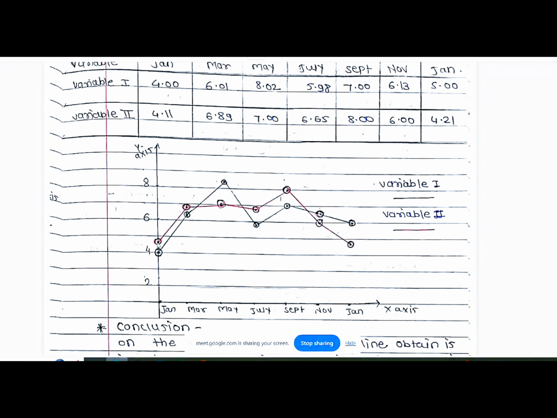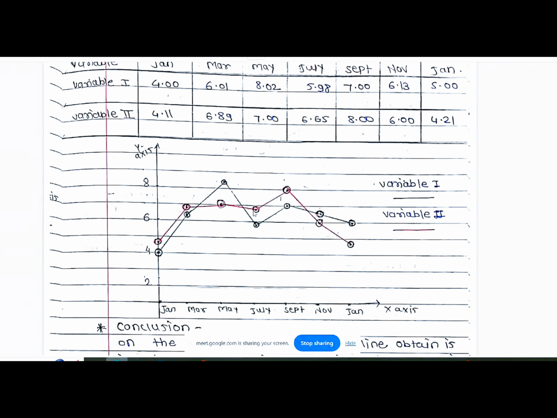Similarly, variable 2 is also increasing. Now from March to May, variable 1 is increasing, variable 2 is also increasing from this point to this point. Now from May to July, variable 1 is decreasing and variable 2 is also decreasing, because the point is somewhat lower than this point.